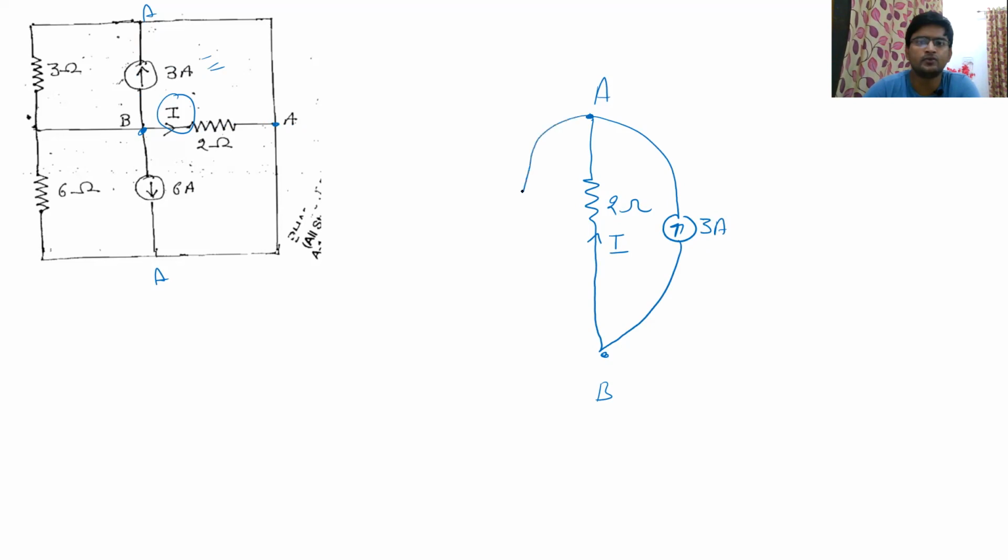Similarly, another current source is there, 6 ampere, and this also goes from B to A. So there will also be one more current of 6 ampere going from B to A.